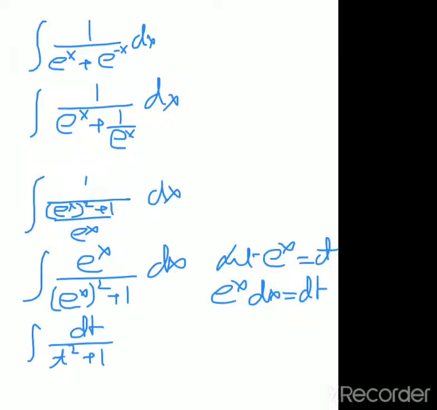Now 1 upon x square plus a square will be equal to 1 upon a tan inverse x upon a. Then we suppose tan x as t.